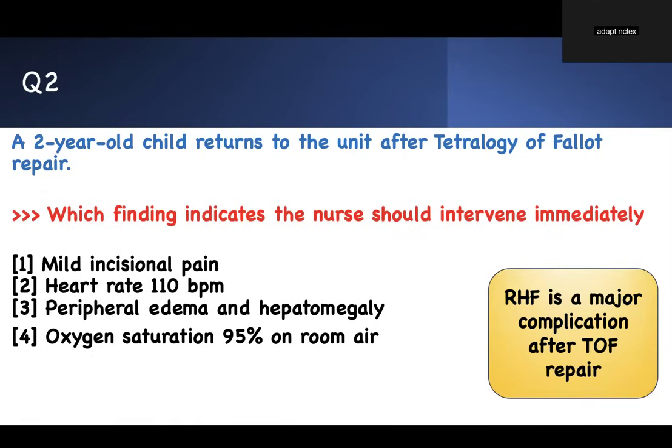When you see peripheral edema and then liver enlargement, it means blood is backing up towards the right side. So we have heart failure associated with the right side. This is common in tetralogy of Fallot repair or any heart surgery. Therefore, number 3 is your right answer.